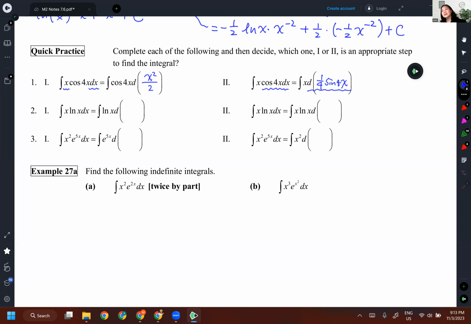Now, which one is an appropriate step to find the integral? 1 or 2?